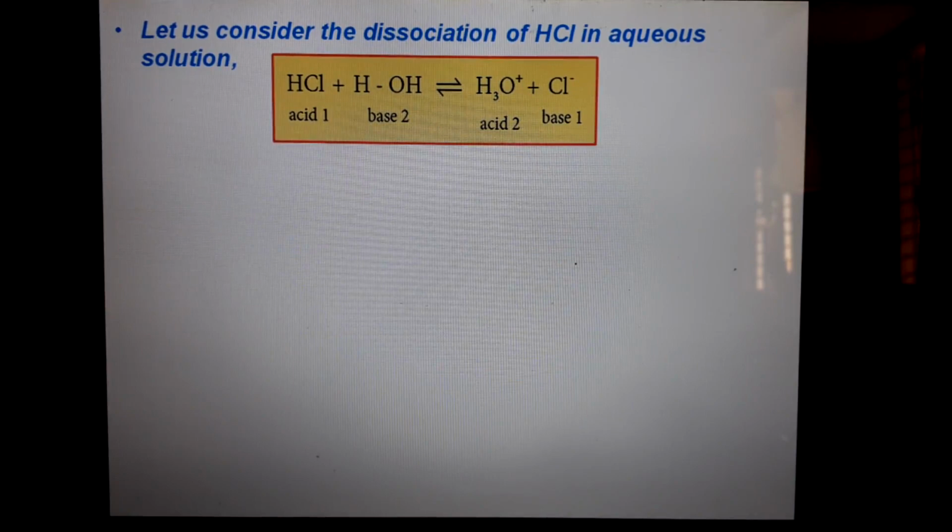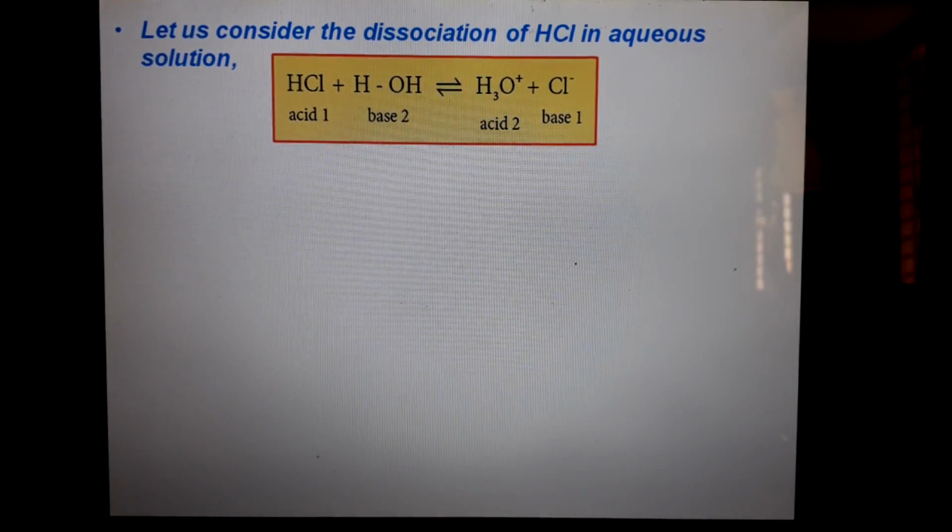In this equation, HCl dissociates into H+ and Cl−. The H+ combines with H2O to give H3O+, that is acid 2, and Cl− is separately ionized.